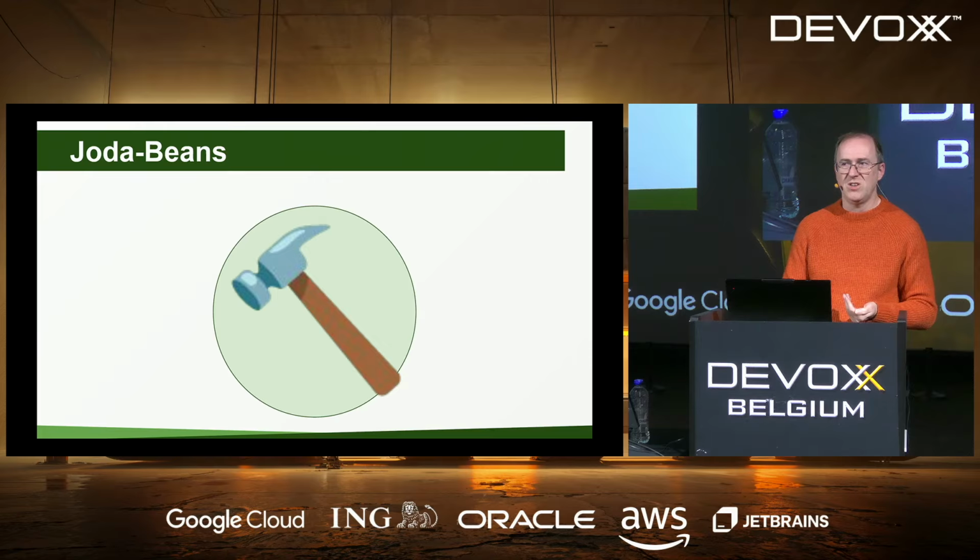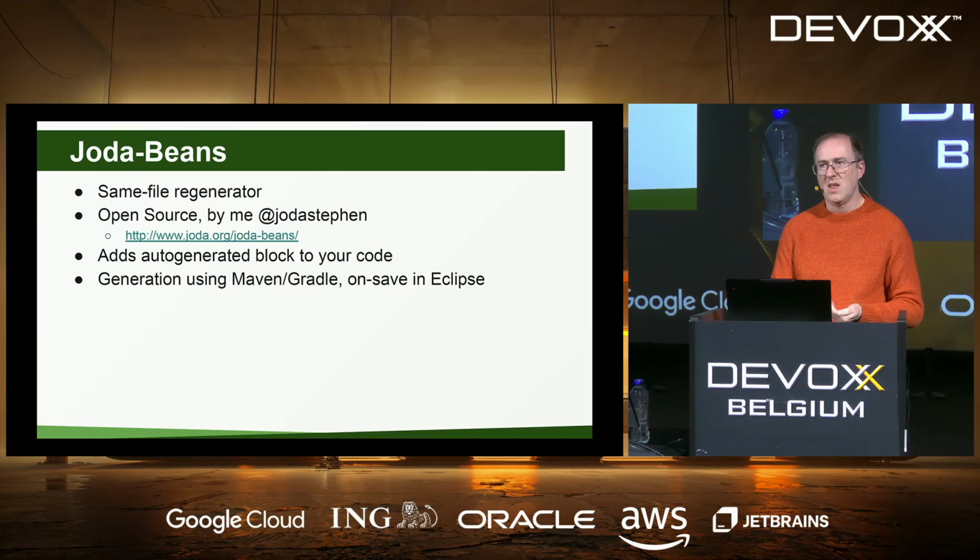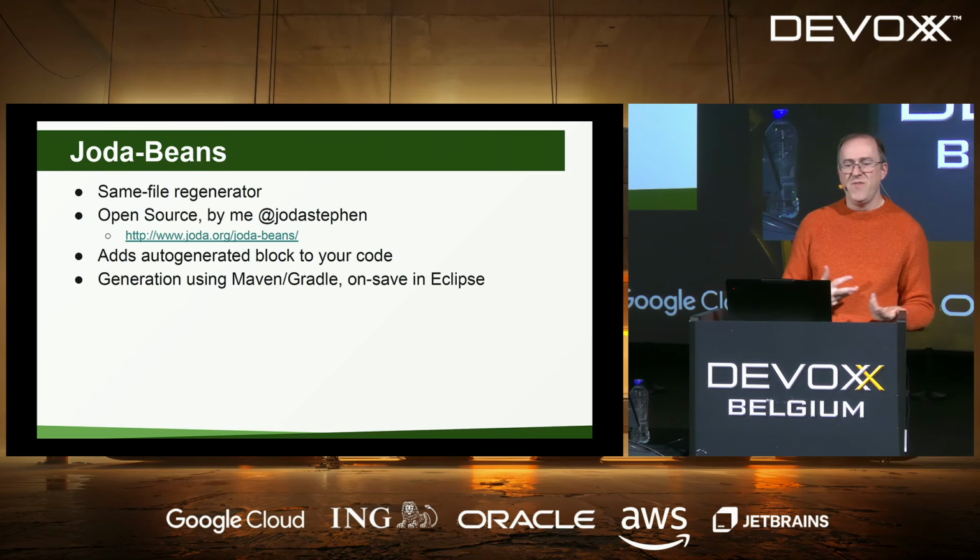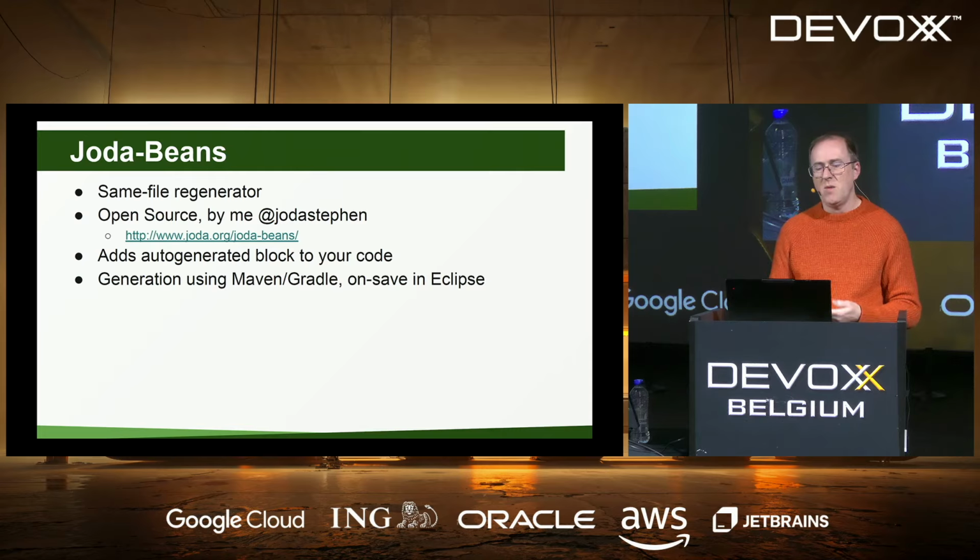So now we come to Joda Beans. I call it a same file regenerator. What I mean by that is it's generating code in the file you write, and it's regenerating code in the same file. So it's not a one-off like an IDE, it's the ability to constantly regenerate itself.